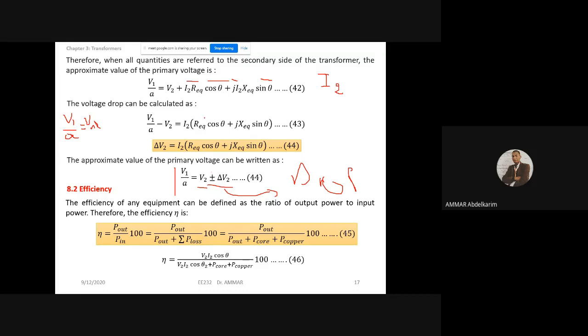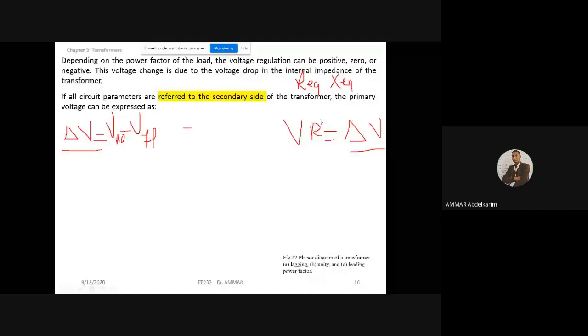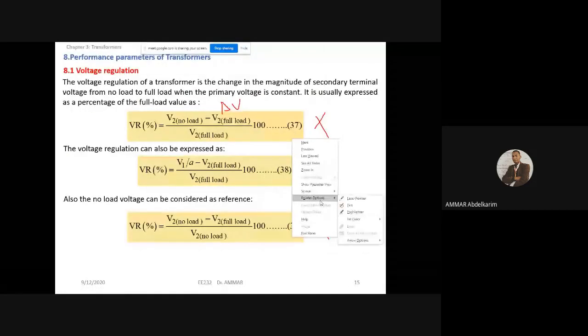It depends on the type of the load. So this is concerning the voltage regulation. This is the first performance parameter. So the voltage regulation can be calculated directly from this expression.